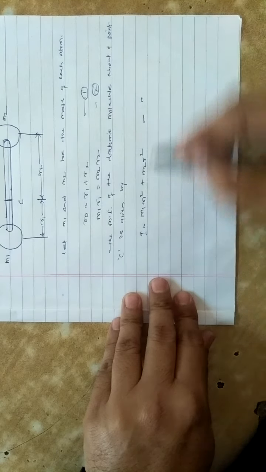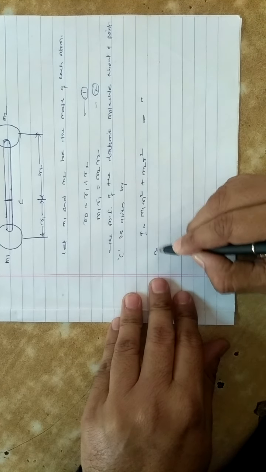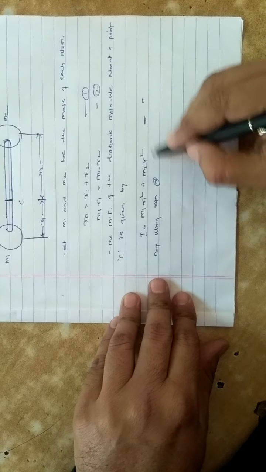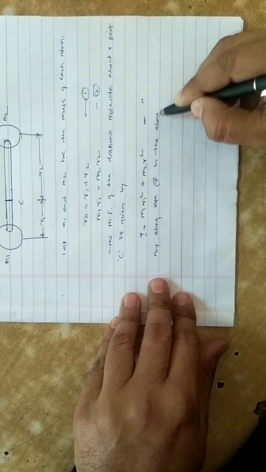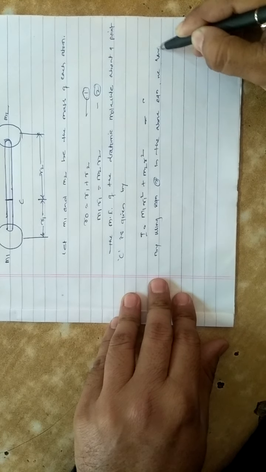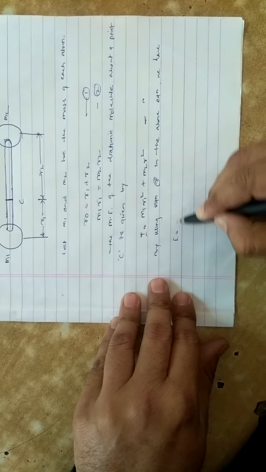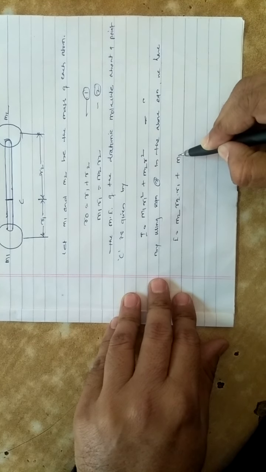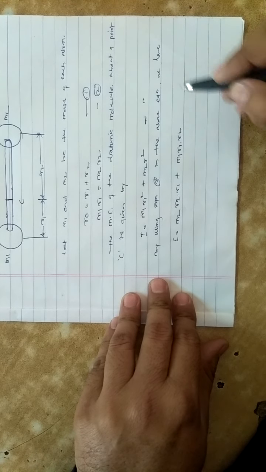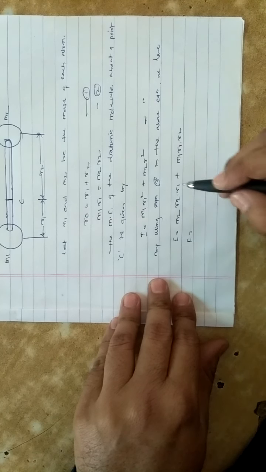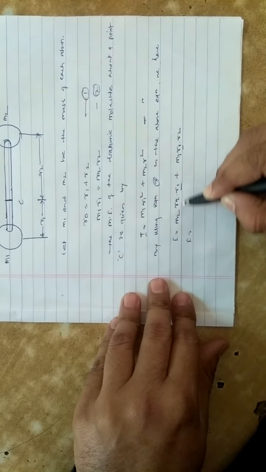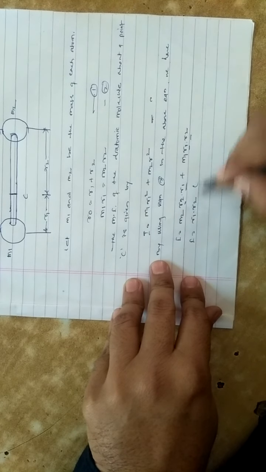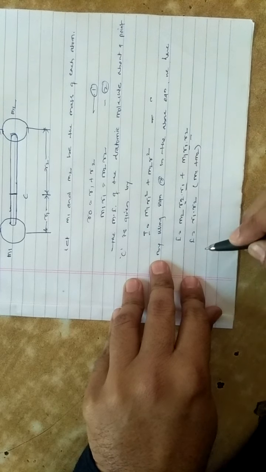Using equation 2 in the above equation, we have I is equal to M2 R2 into R1 plus M1 R1 into R2, or I is equal to the common term R1 R2 in brackets, times the remaining terms M1 plus M2.